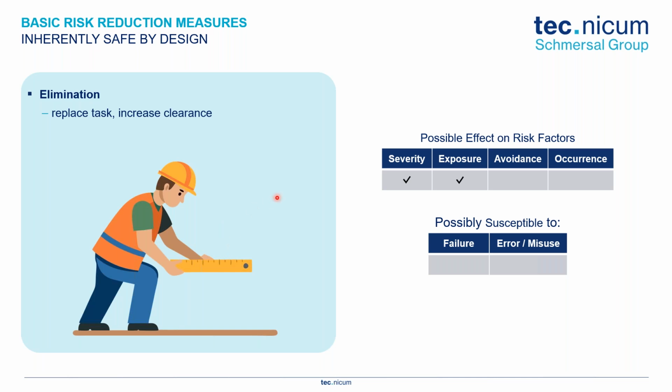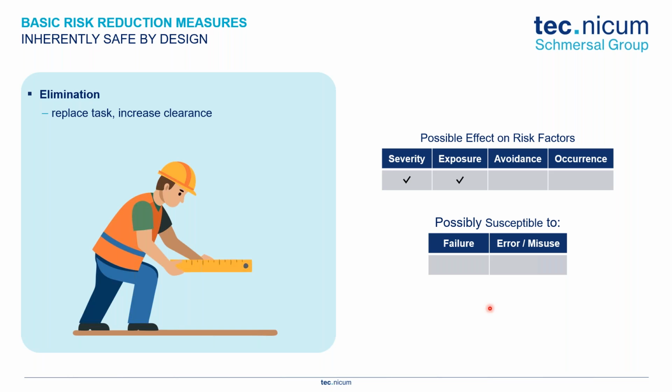Based off ANSI B11.0, if you are able to replace the task, so we have one hazardous task and we replace it with something less hazardous, then we are possibly affecting the severity and the exposure of that initial hazard. If we are replacing this initial hazard, then it's no longer there, so we're not prone to any failures or misuse of it because it's no longer there.